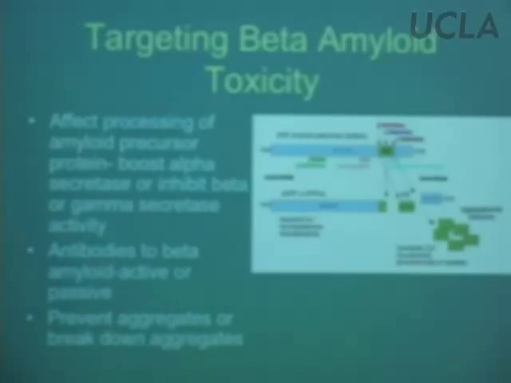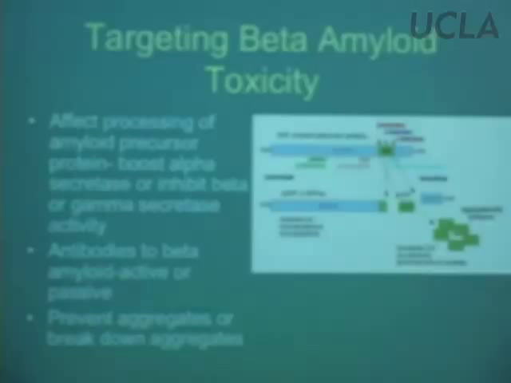Okay, so a lot of these treatments are targeting the beta amyloid toxicity, and there's a kind of complex figure in Golde. This one, I think, is a little clearer. It's a little blurry here, but maybe you can still see it. Basic idea, let's affect the processing of the amyloid precursor protein. When it gets cleaved up, let's try to cleave it in a way that the resulting fragments don't aggregate.